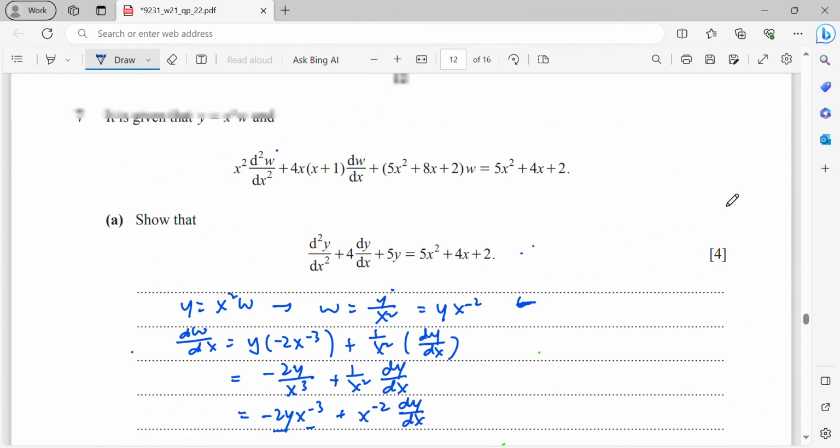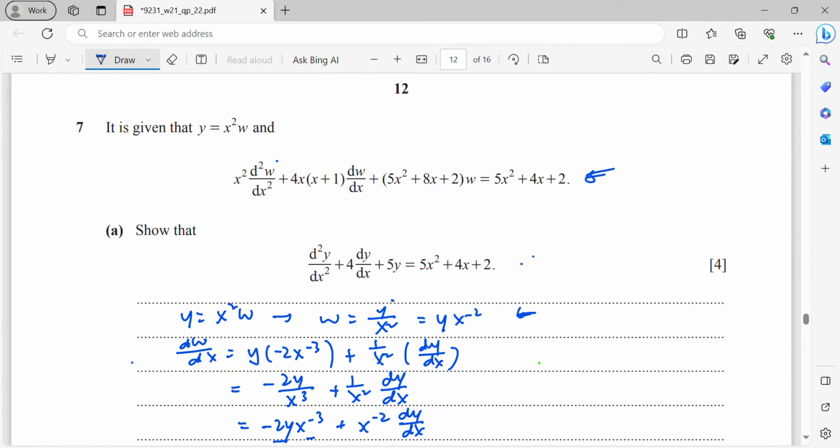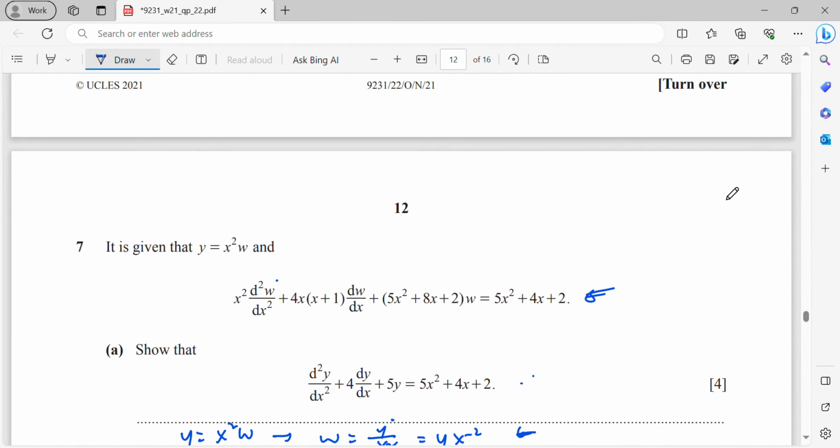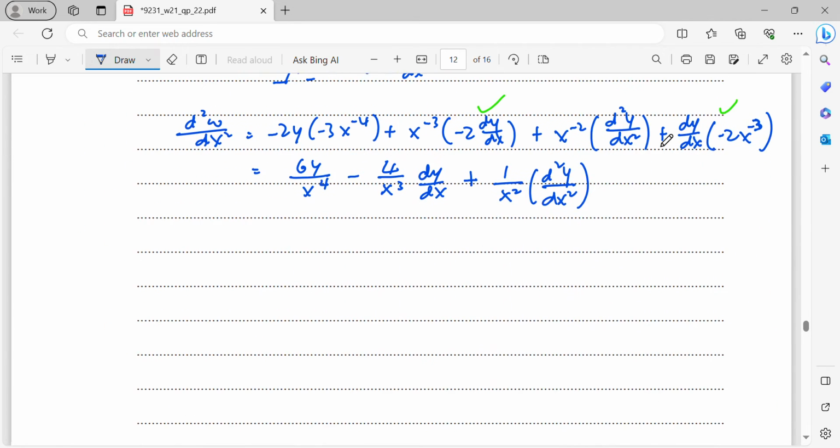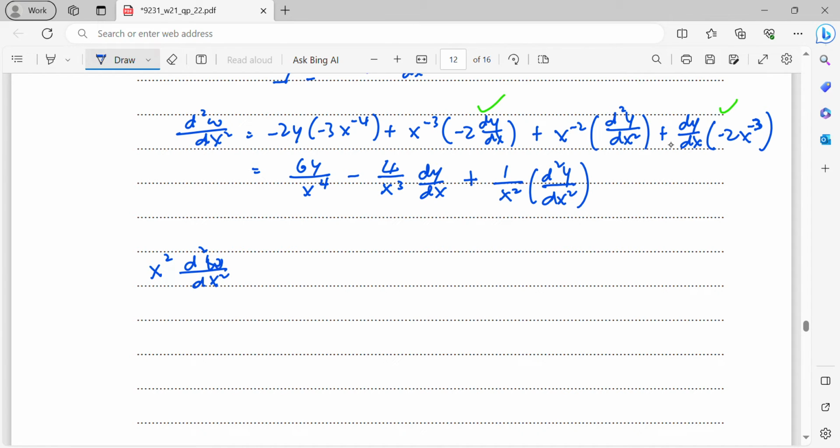Okay, so now substitute all this into here. Just replace. So now I will copy the equation first before I replace. So x squared d squared w over dx squared plus 4x bracket x plus 1 dw over dx plus 5x squared plus 8x plus 2, w equals to 5x squared plus 4x plus 2. Okay, so now replace the first and second derivative.